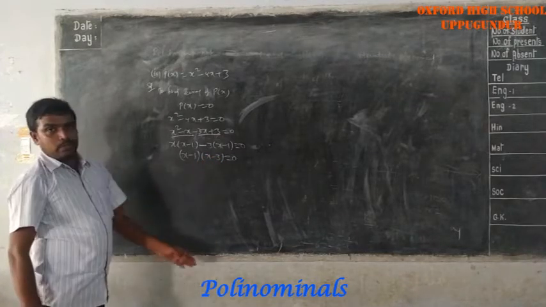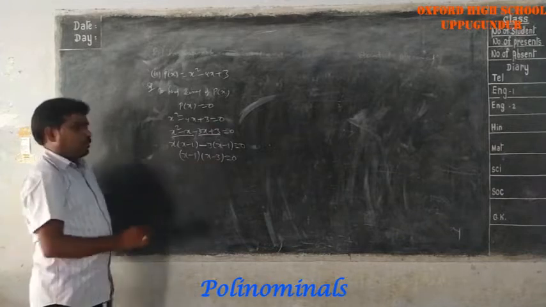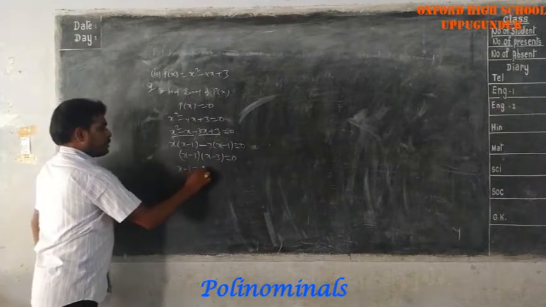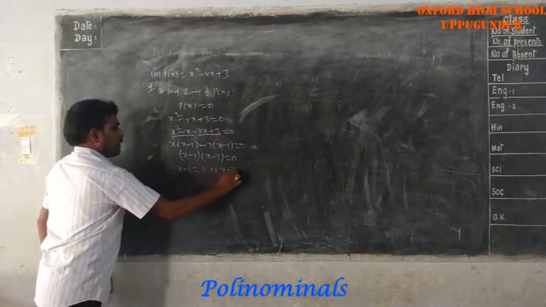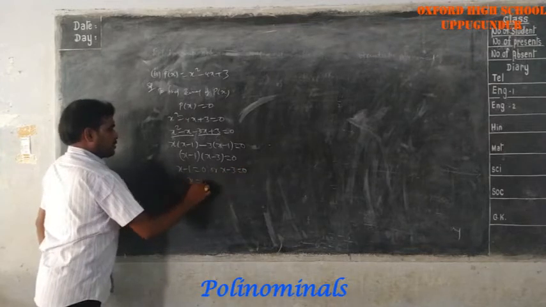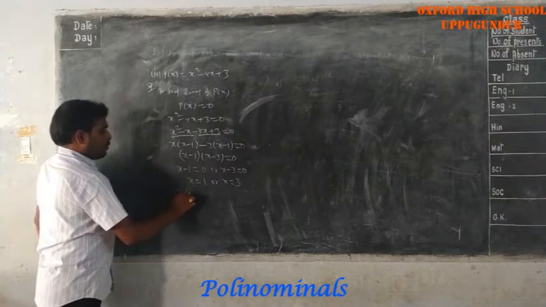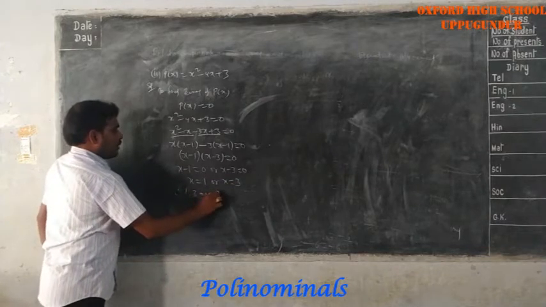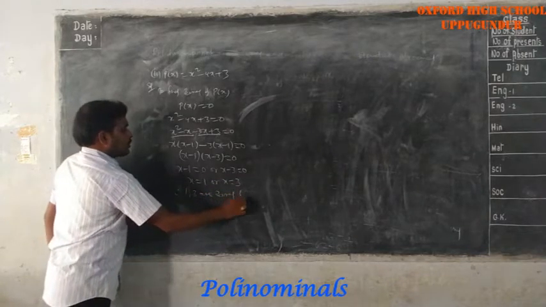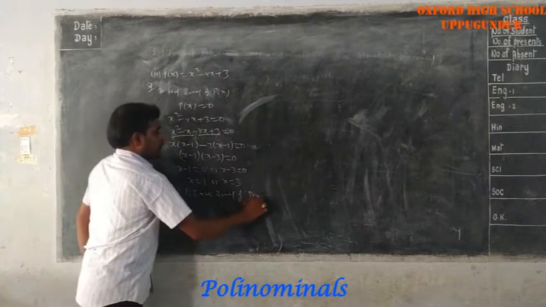Product of these two equal to 0 means either any one of them equal to 0. So x minus 1 equal to 0, or x minus 3 equal to 0, x equal to 1 or x equal to 3. Therefore, 1 comma 3 are zeros of p of x.